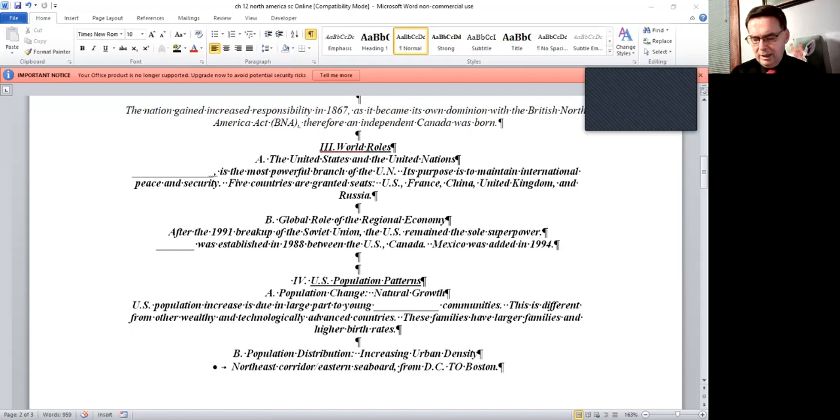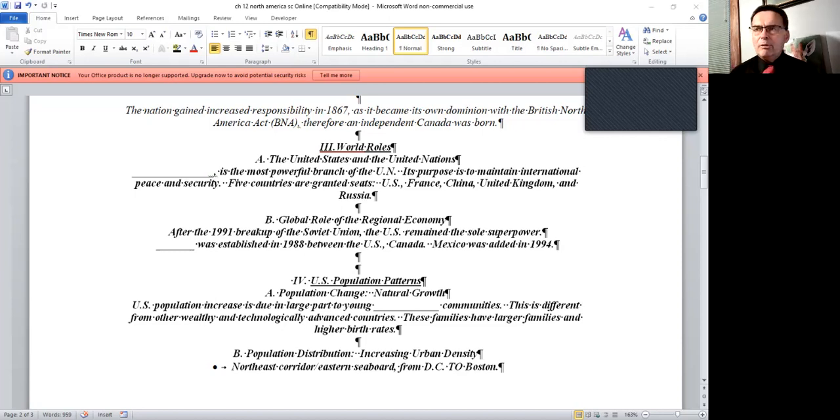There are 5 countries that are granted seats: the United States, France, China, England, or the United Kingdom, and Russia. That's kind of a recipe for some disagreements, but you can also argue that it provides balance. The global role of the regional economy of the United States.